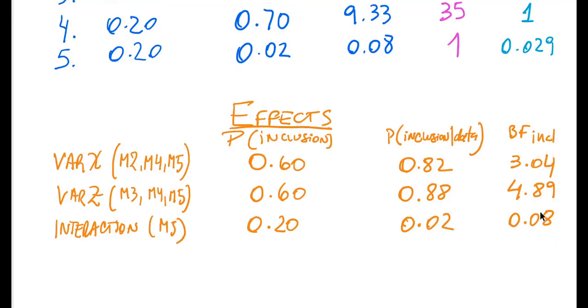So again, if we are interested in effects and not in the whole model, then we would say that variable z has decent evidence in favor of its inclusion. Same for variable x, not as strong, but some decent evidence in favor, and the interaction very bad evidence. So the evidence is actually for not including the interaction.